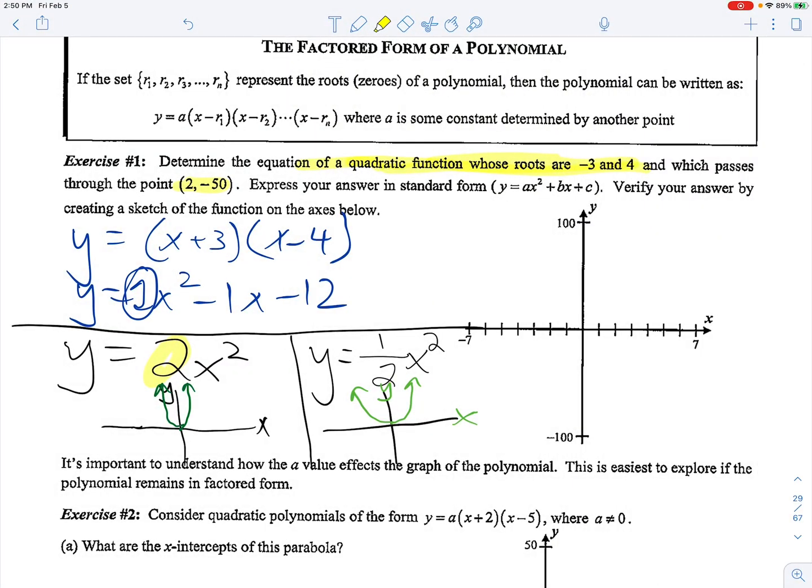So what do we do? Well, I'll do it now because this is what we'll do with the polynomial functions when we get to cubics and stuff.